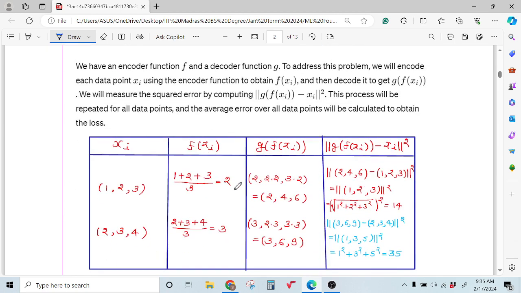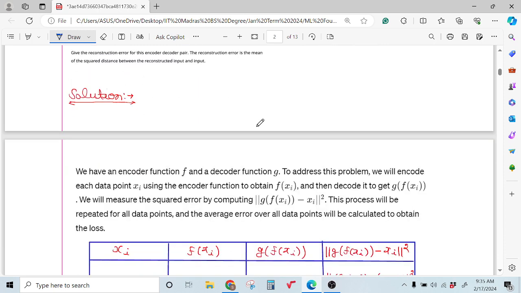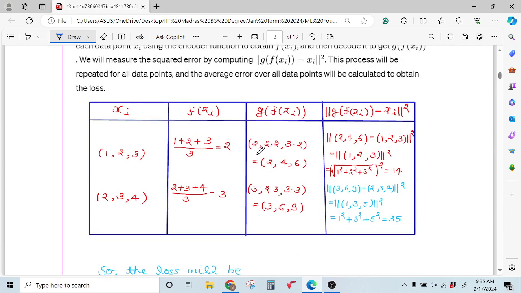So that is equal to 2, and then we will decode it using our decoder function, g(u) = (u, 2u, 3u). So we will write 2, 2 multiplied by 2, 3 multiplied by 2. So our points after decoding will be 2, 4, 6.